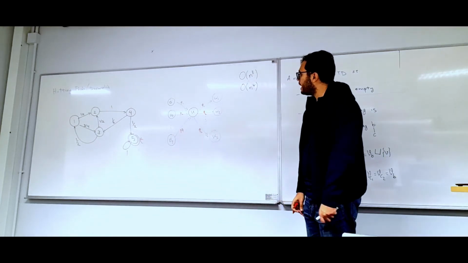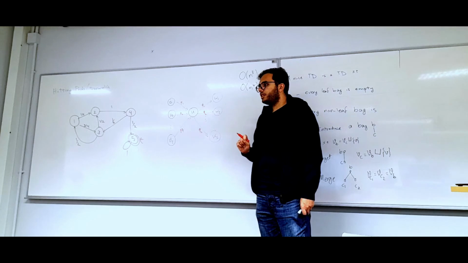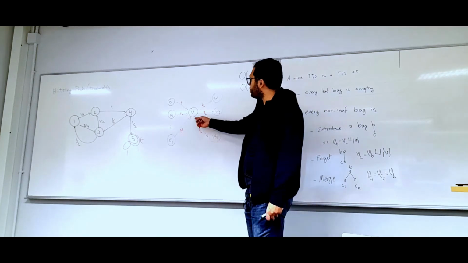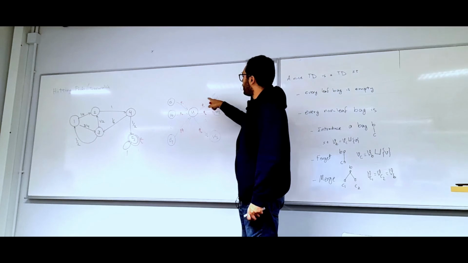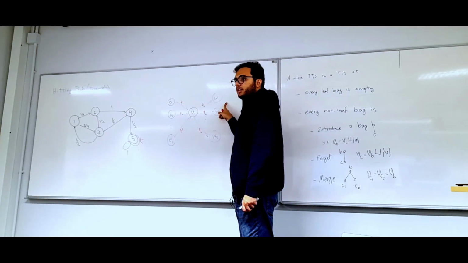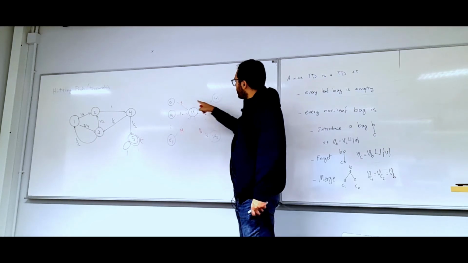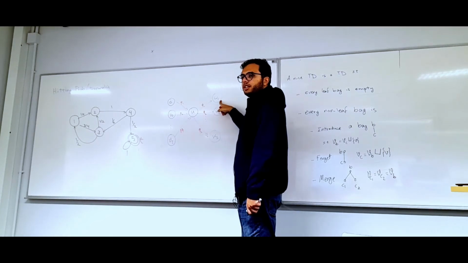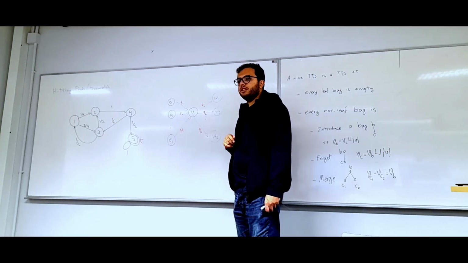Okay. What happens if I remove the vertex u? So previously, when vertex u was here, there was a path with probability p1 times q1 that went from v1 to w1. Right? So if I remove vertex u, I can just add a direct edge from v1 to w1 with probability p1 times q1.